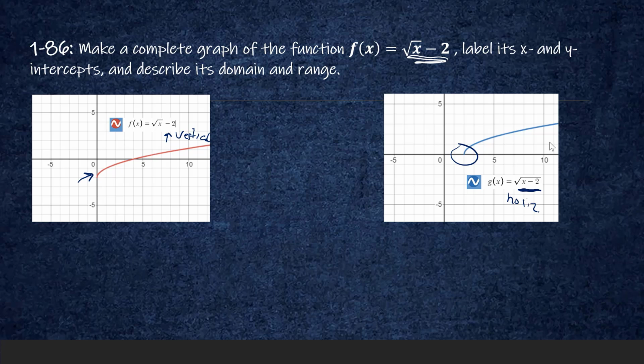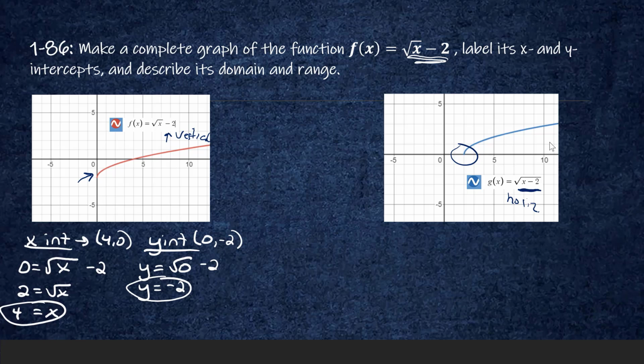Now let's take a look at how we found our x and y intercepts. If it's an x-intercept, it's going to have the 0 in the y. So I just substitute a 0 in for the y, or the f of x in this case, and I solve. I add 2, and then I square it because I'm trying to get rid of that radical.